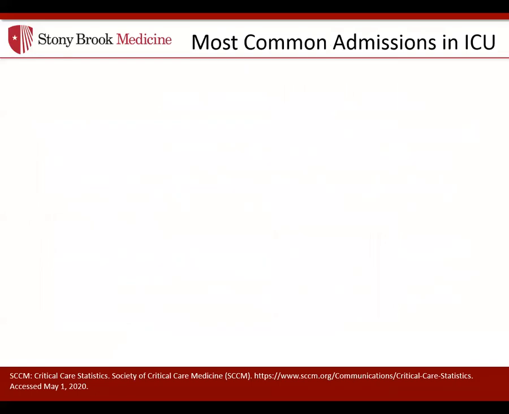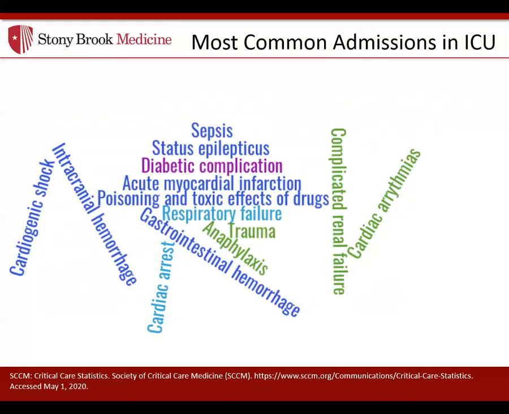Okay, so over 5 million patients are admitted annually to the intensive care unit in the United States for intensive or invasive monitoring. And as you see here, there are a multitude of diagnoses on this list, but the medications and supportive care that's offered for many of these conditions often overlap. In the intensive care unit, this can range from close monitoring and exams to support of the airway, breathing, or circulation.